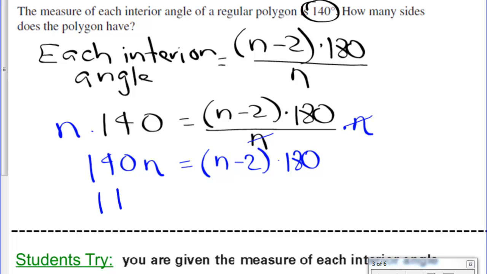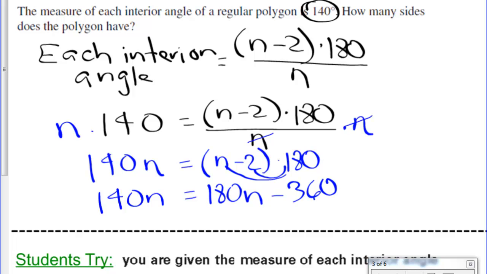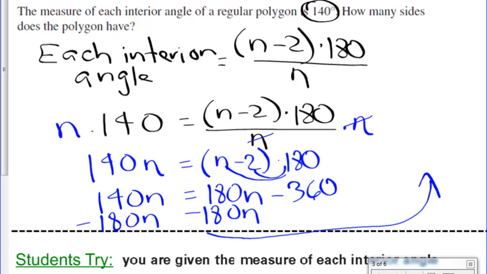Okay, so we have 140n equals, I'm going to apply the distributive property. So I'm going to have 180n minus 360. Now I want to subtract 180n from both sides. And my space is limited, so I'm going to continue up here. So on the left-hand side, I'll have what, class?